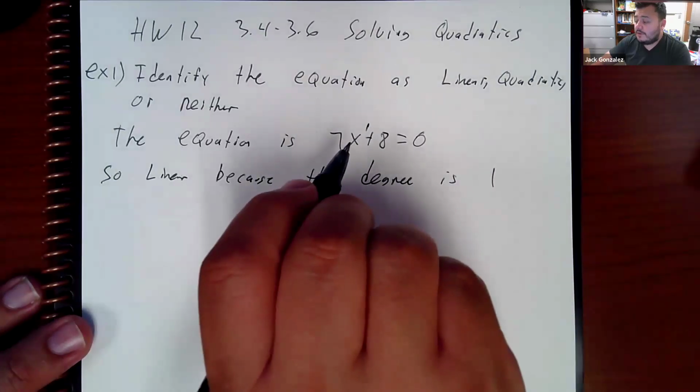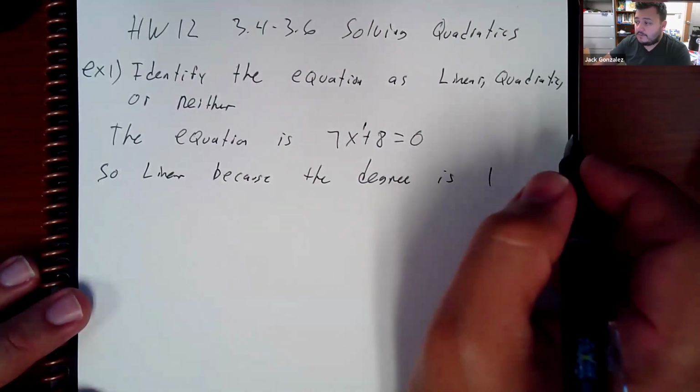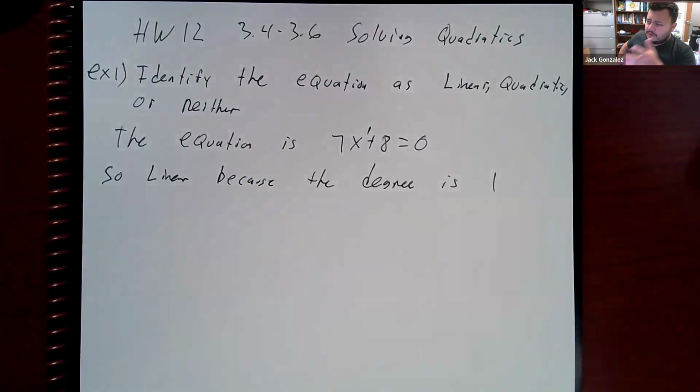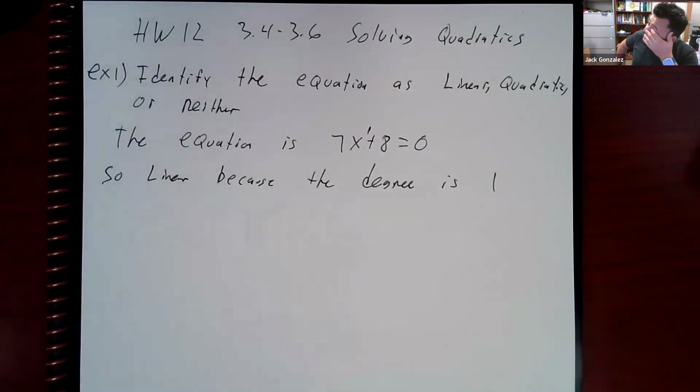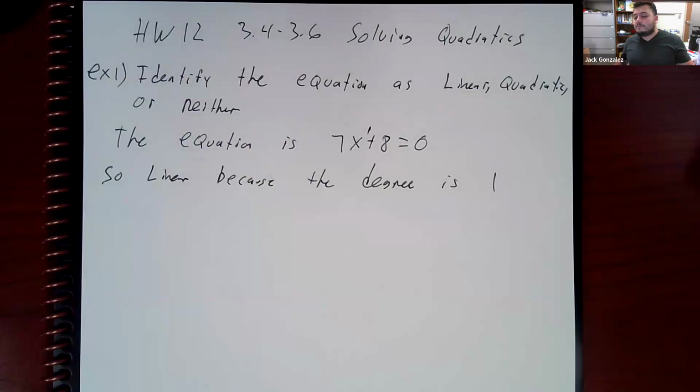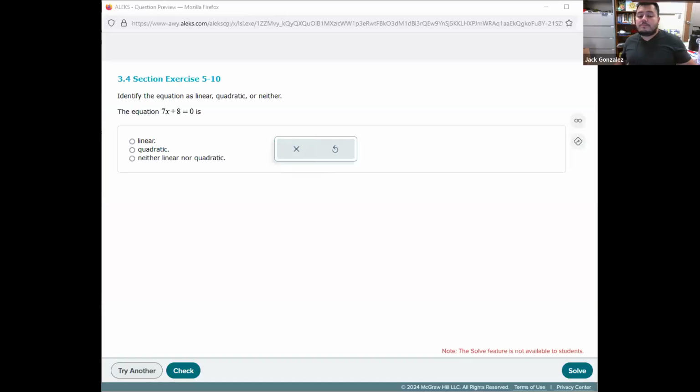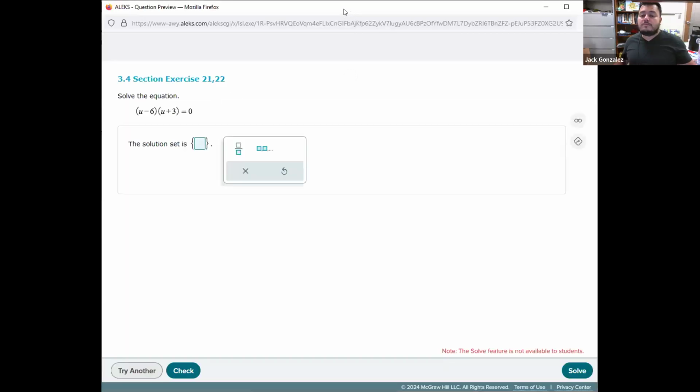If there was a square in here and that was the biggest, you would say quadratic. If you have something weird like a square root or a negative power, then you say neither. Something strange. So that's just the first one. I think they stopped asking after that.